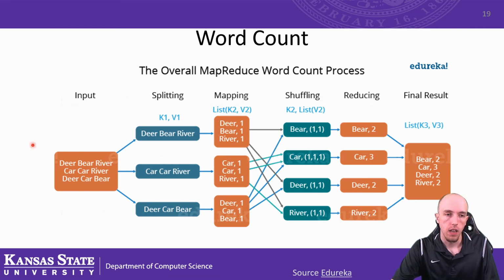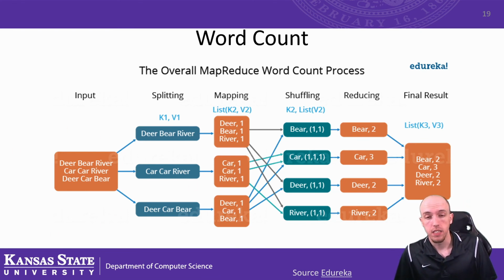So we've taken all of the individual words here, counted them, sorted them out, summed them, and then the final reduce phase is we've combined this all back into a single list where the key is the word and the value is the total word count over the entire data set.